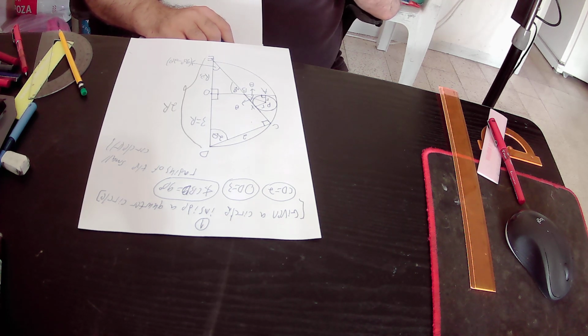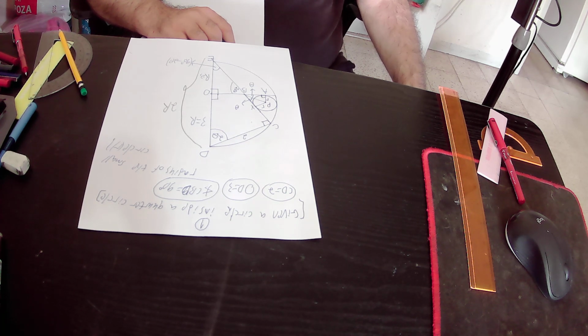According to the Pythagorean theorem, in the right triangle CDE, the square of the hypotenuse equals the sum of the squares of the perpendiculars.